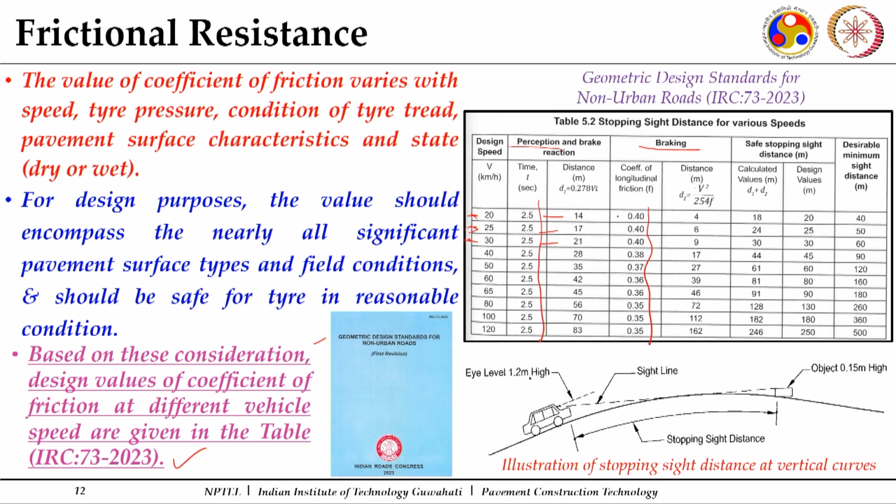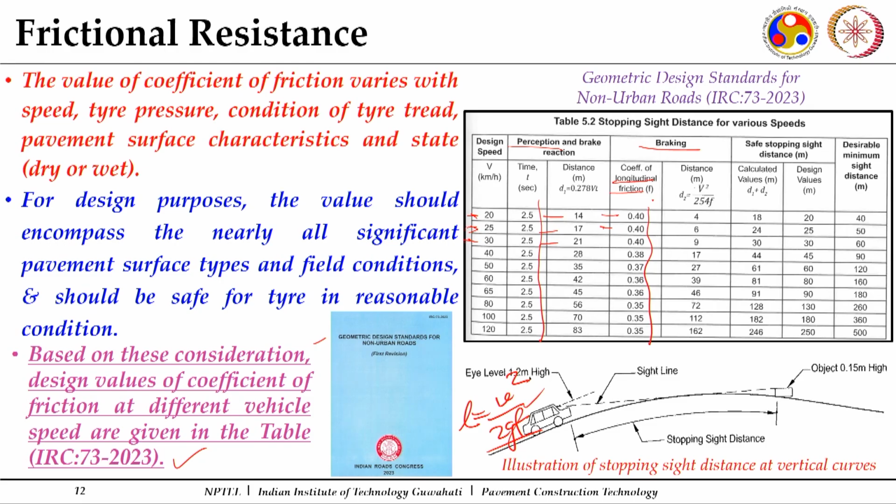Now, here you can see at smaller speeds the coefficient of friction, because it is traveling in the longitudinal direction, so you can see it is the longitudinal coefficient of friction. So, this is 0.4, 0.38. While computing specifically the braking distance, I need to work out f, the coefficient of friction.